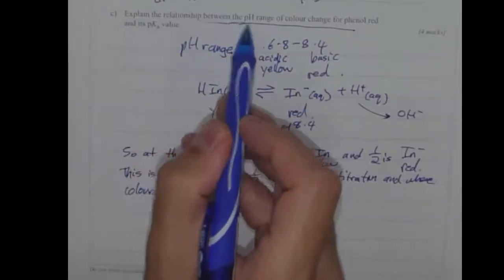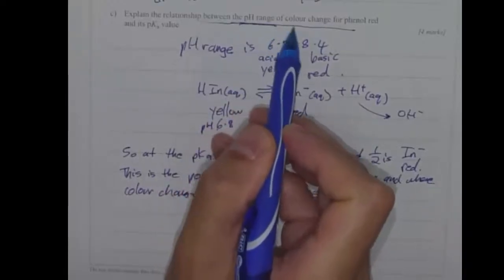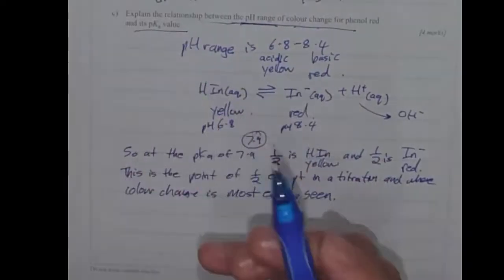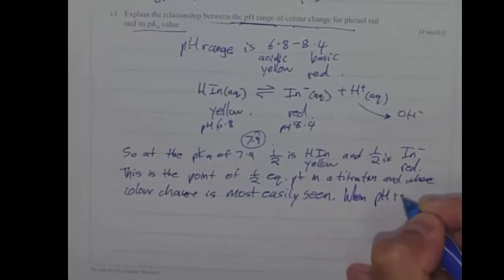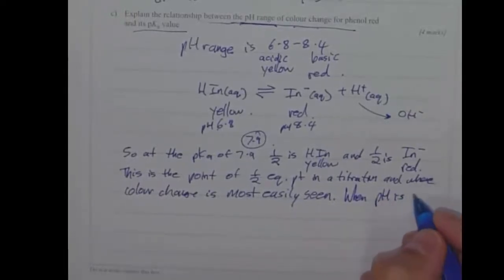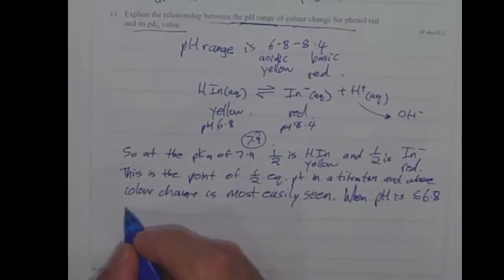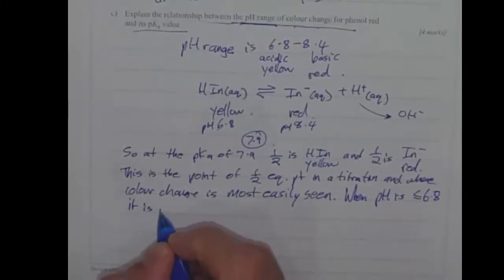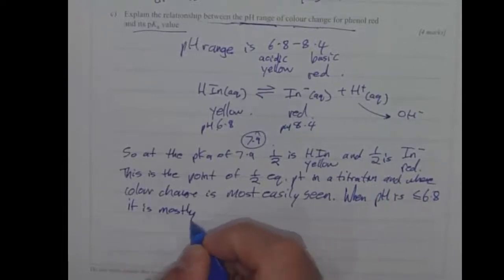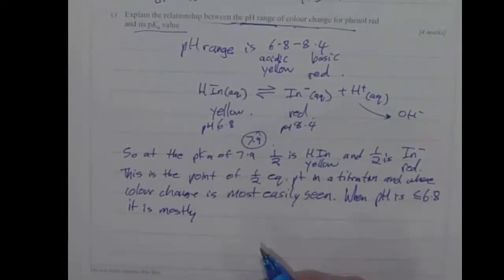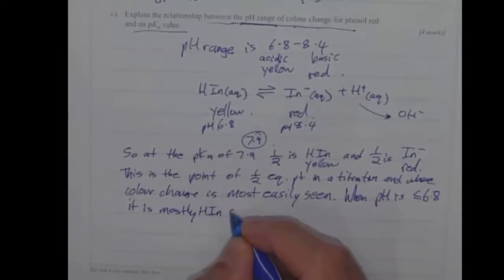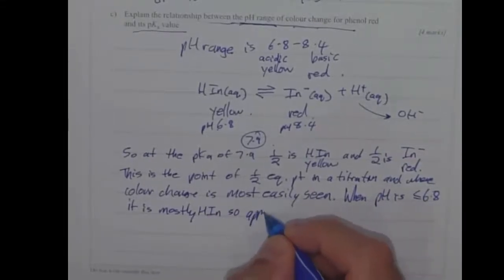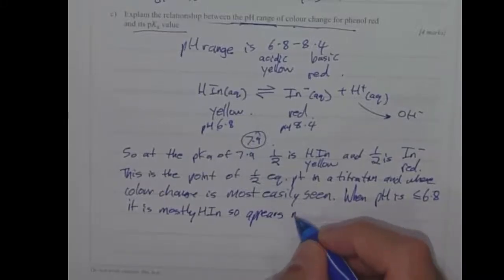Explain the relationship between the pH of the color change for phenol red and its pKa value. So when the pH is less than or equal to 6.8, it is mostly HIn, so appears more yellow.